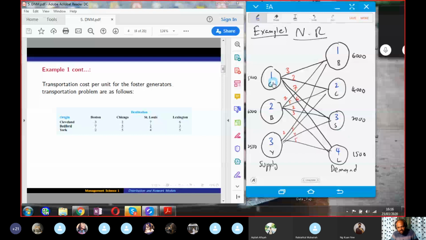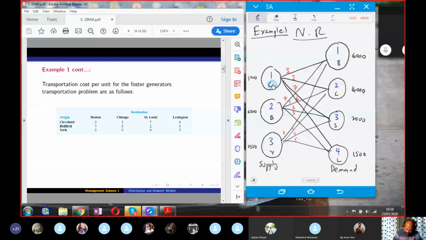Out of 5,000, how much can it give to Bedford, because they need 6,000? Before we solve this, we have to come up with a linear programming model, and for that, we need to give notation for the quantity.